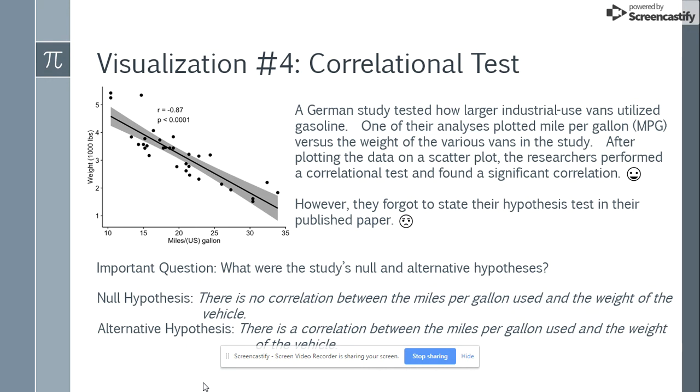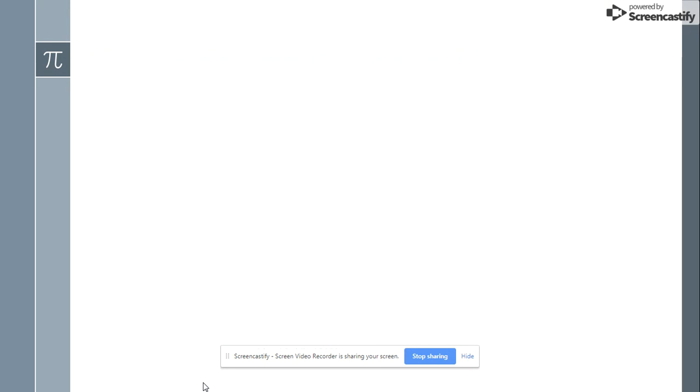So yes, there is a correlation between the miles per gallon and the weight of a vehicle. So again, we can go ahead and reject our null hypothesis. Again, the possible outcome in this, for both the null and the research hypothesis, is to either reject the null hypothesis or fail to reject the null hypothesis.